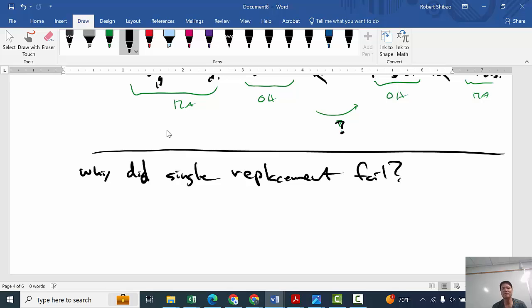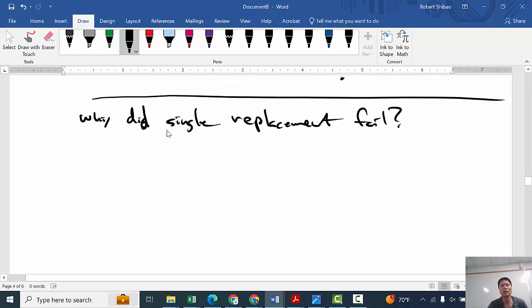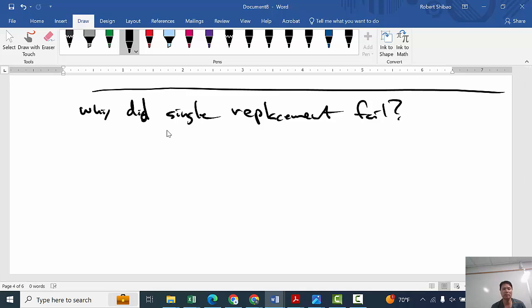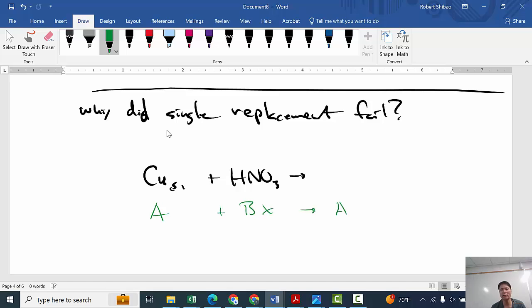So why did single replacement fail? Single replacement predicted no reaction, but we ended up getting a reaction here. And the reason single replacement failed is because of this. Single replacement has the form A plus BX yields AX plus B. So AX in this case is going to be copper 2 nitrate, and B will be hydrogen.